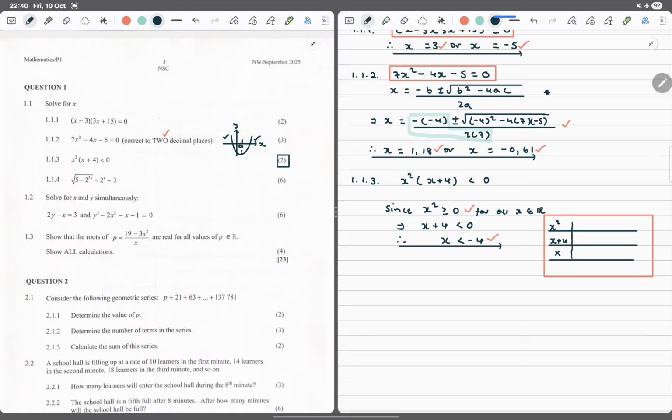Remember, we are doing a product over there. So we would list our critical values in ascending order: minus 4 and 0.